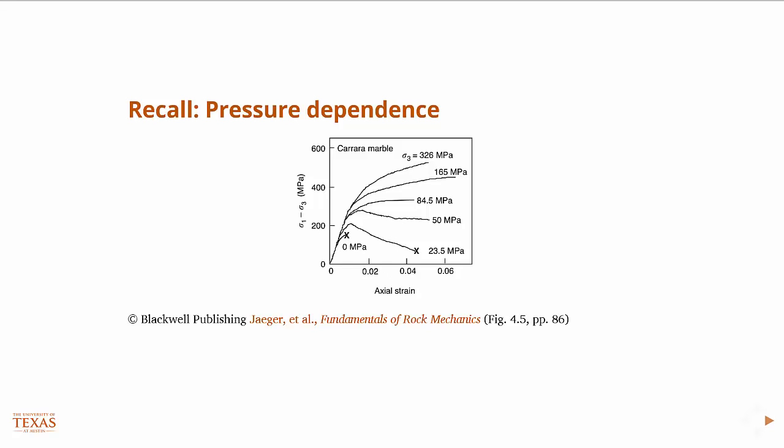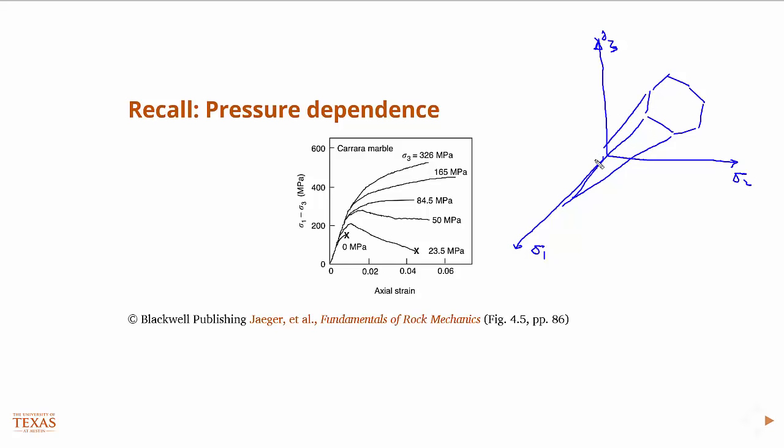If you remember, we had this kind of schematic in principal stress space of like a hexagon, something like this, that then had this conical-like shape in principal stress space which is centered on the line sigma 1 equals sigma 2 equals sigma 3.